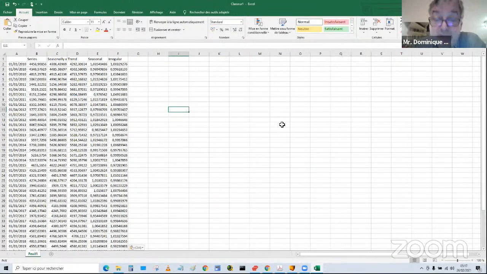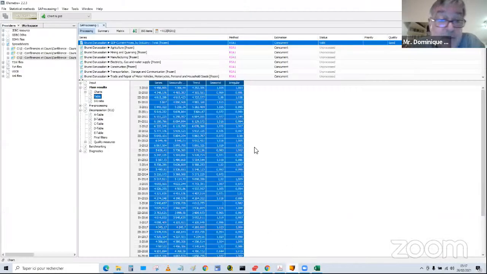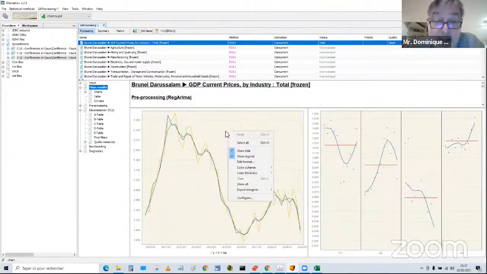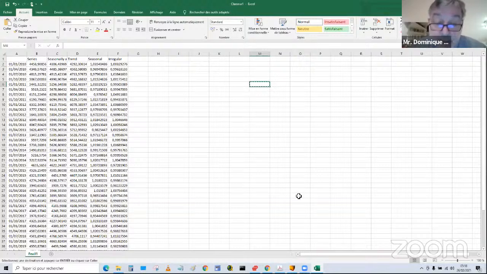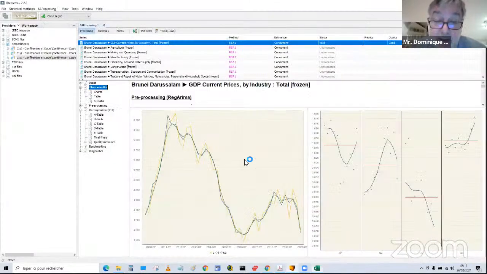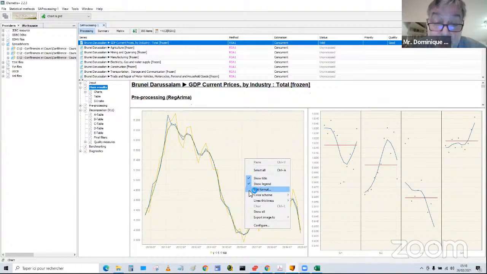So this is the first thing. The second thing, let me show you. If I want to export the graph itself, I just do a right click on the graph and choose export image to clipboard. So I put it in the clipboard. I go back to Excel and I can paste it here. Sorry, I made a mistake, so I do it again.